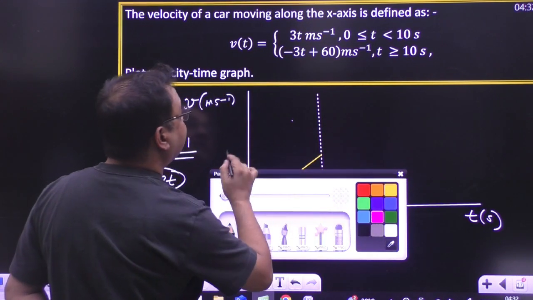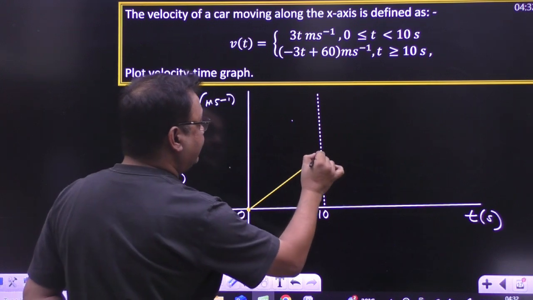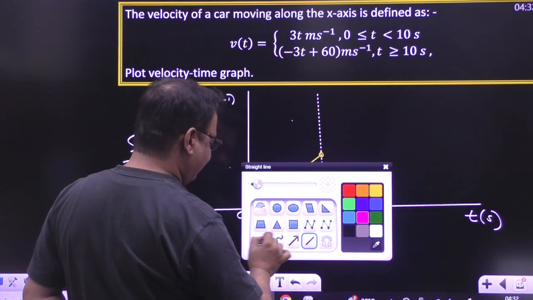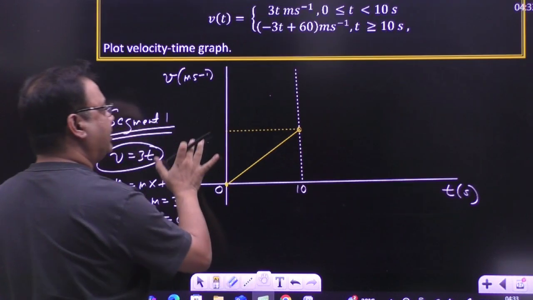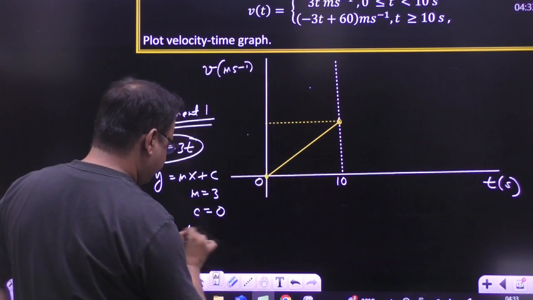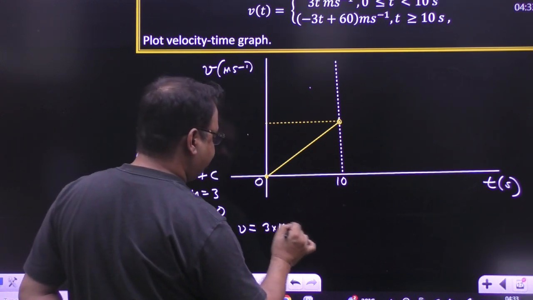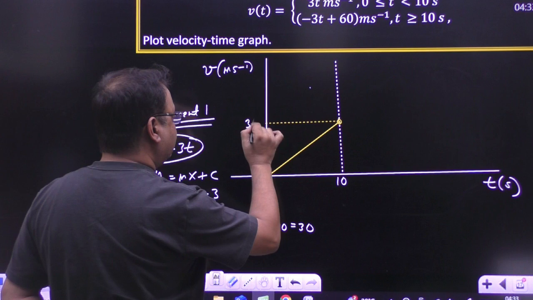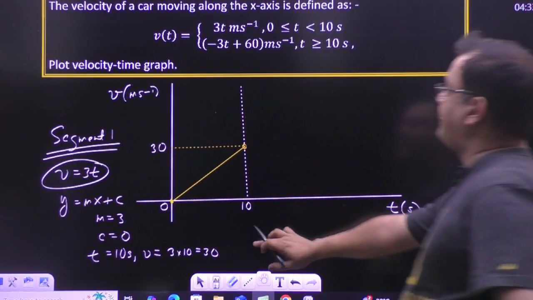This value is included, t0 is included and t10 is excluded. And what will be the velocity at 10 seconds? So I can find the end value. Let me put the value of t as 10. When t is equal to 10 seconds, my velocity will come to be 3 into 10, that will be 30 meter per second, but this is not included in this graph.